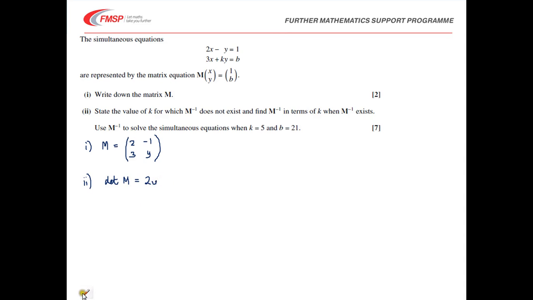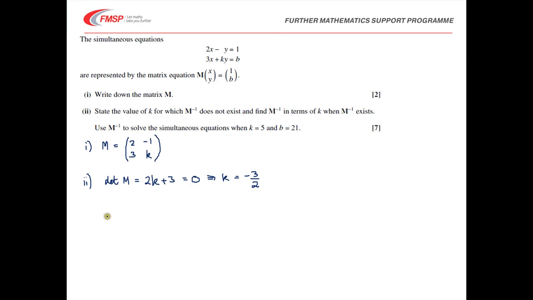Sorry, I put y and I meant k, didn't I? That should be k, ky. So the determinant is 2k plus 3. The problem is when that equals 0, which implies k equals minus 3 over 2, as we suspected.